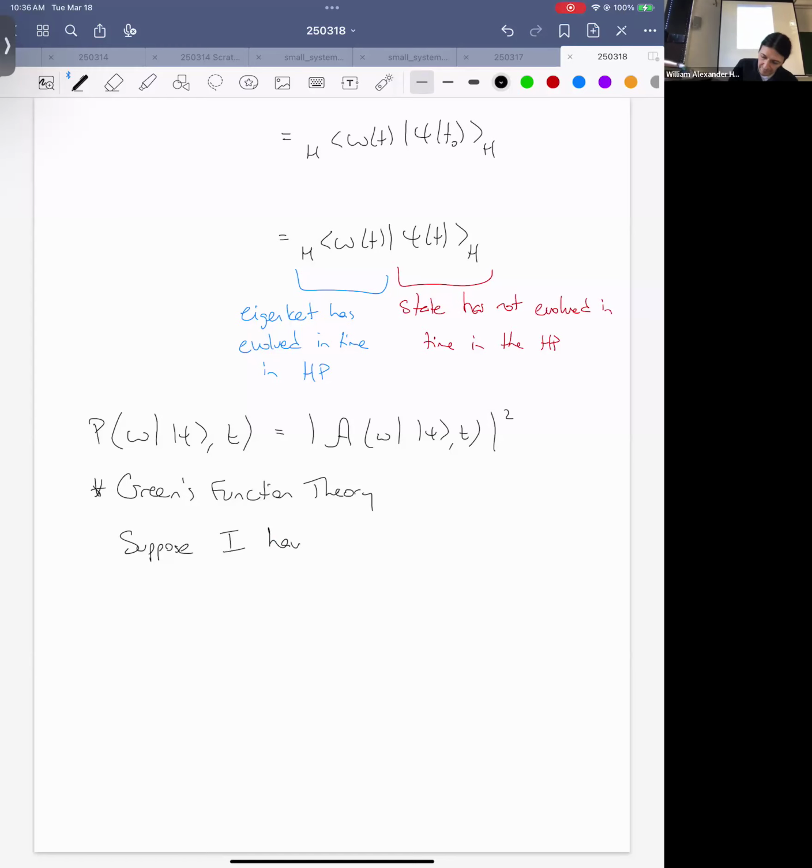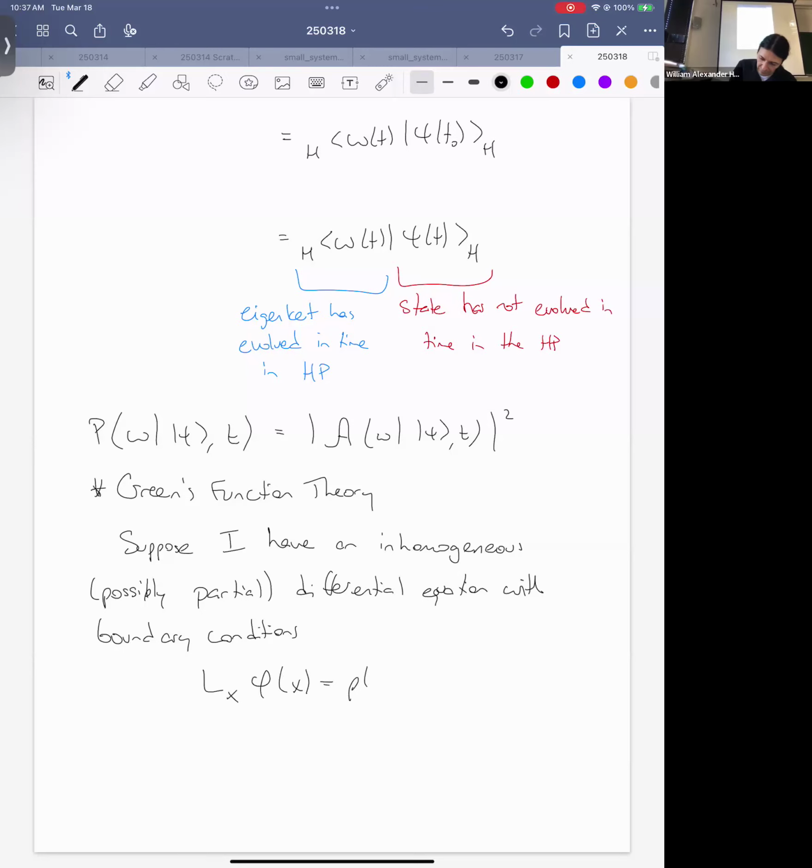So suppose I have an inhomogeneous, possibly partial, differential equation with boundary conditions, where I have some differential operator, which I call L sub x, acting on phi of x equals rho of x.